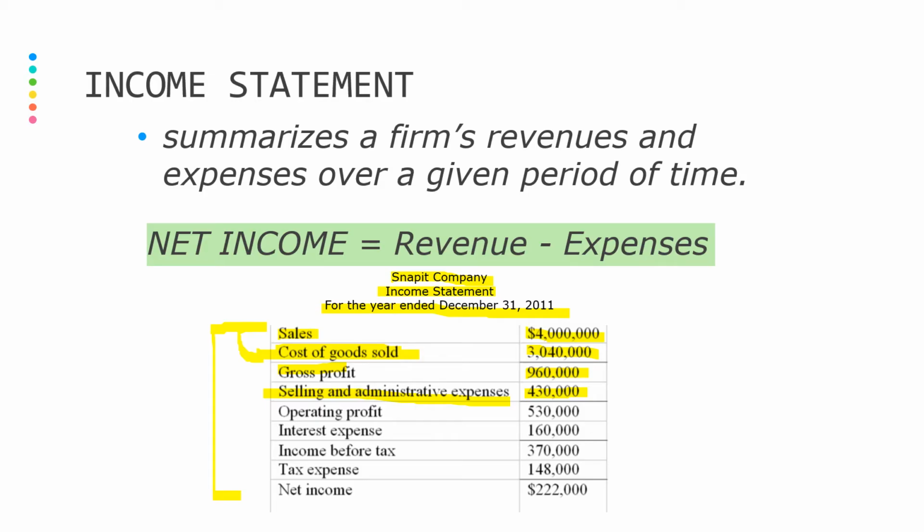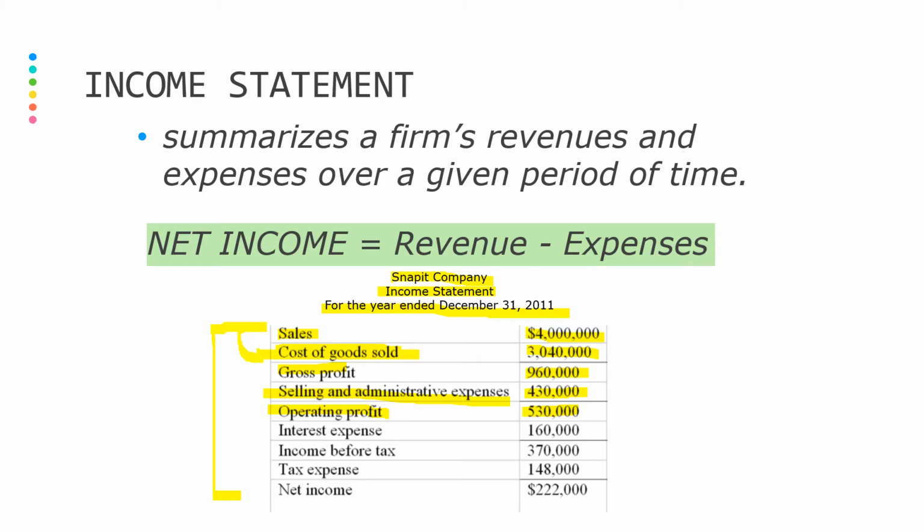So we have here an operating profit of $530,000. Now what is an operating profit? An operating profit is also known as earnings before interest and taxes or EBIT. Now, this is an indicator of a company's profitability.